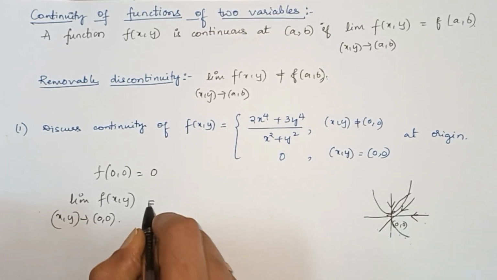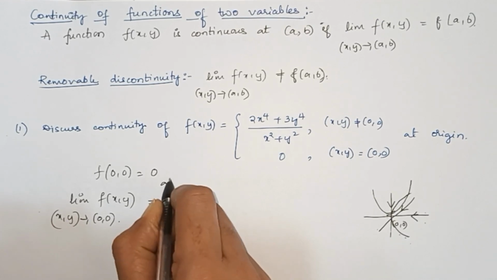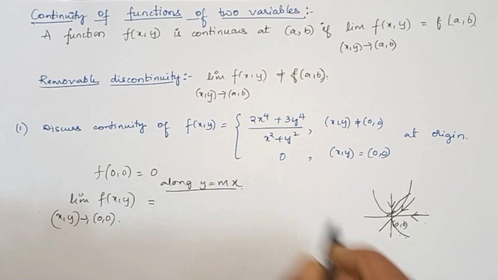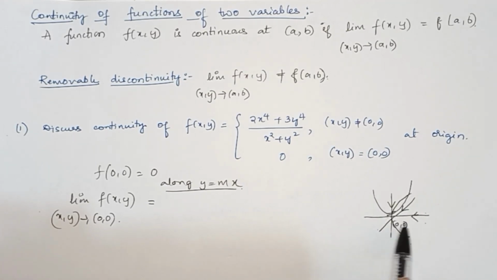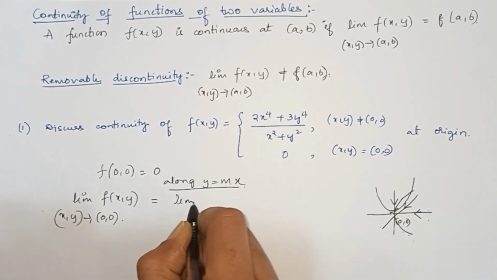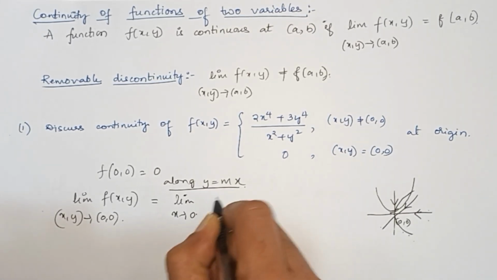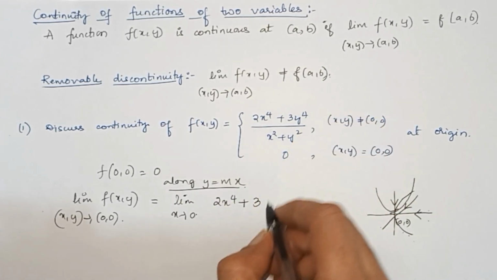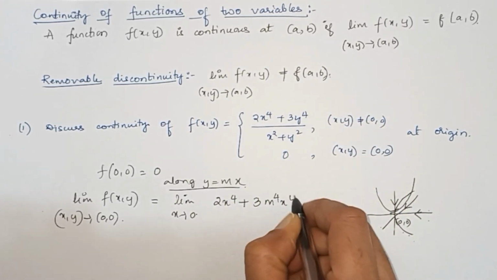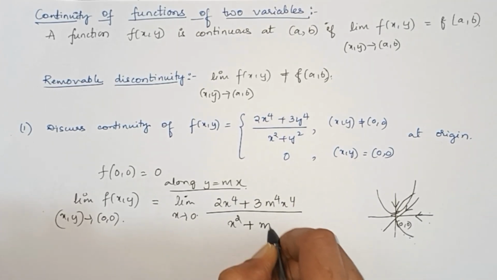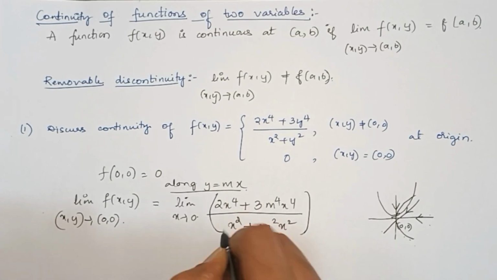Therefore, now I'll choose the line y = mx. This includes the x axis and y axis also. When m equals 0, you get the x axis. So the limit as x tends to 0 of (x⁴ + 3y⁴) divided by (x² + y²) becomes m⁴x⁴ divided by x² + m²x².